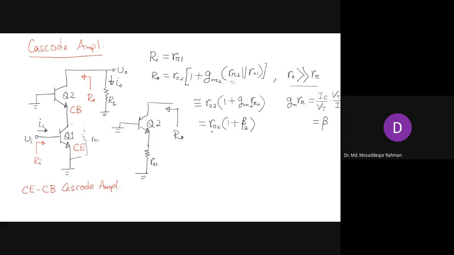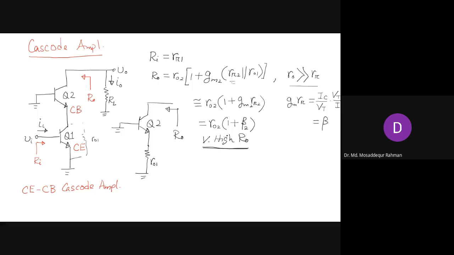And you see that R naught is already high, as we said, and that is getting multiplied by 1 plus beta. So you get a tremendous output resistance. If R naught is 100 kilo ohm and beta is also 100, you get 10,000 kilo ohm or 10 mega ohm. By any measure, that is a very, very high output resistance. That is one of the most significant features of the cascode configuration. No other configuration gives you that high output resistance.